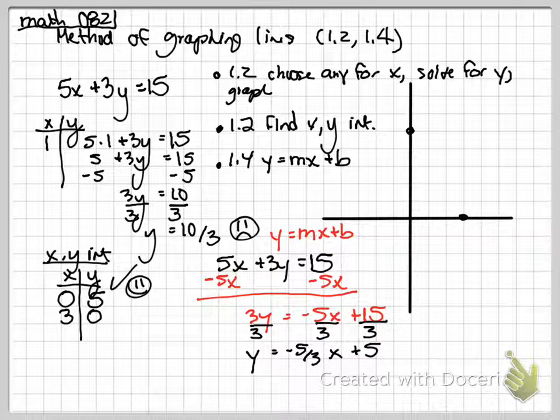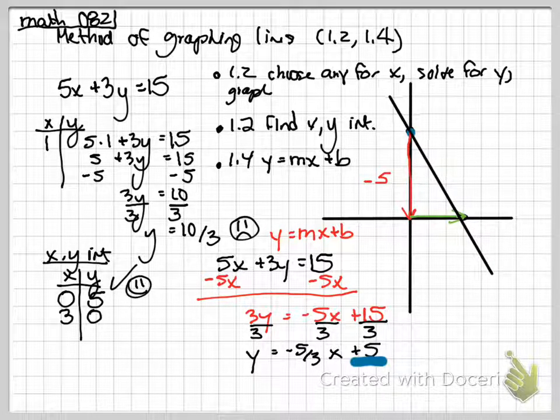Okay, at this point, we would realize, well, this is the y-intercept right here, and we would plot that. And then when we use the slope, we would go down 5 units, and we would go over 3 units to get that second point, and then, again, you could graph the line.